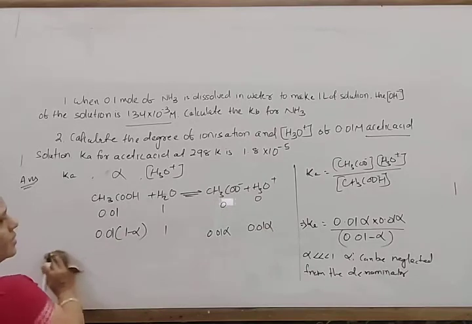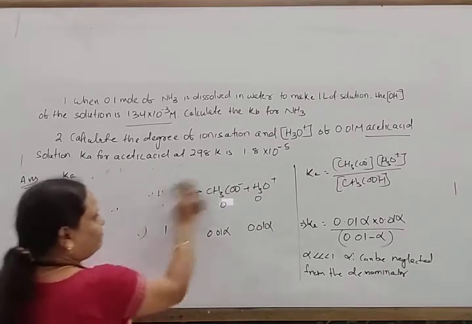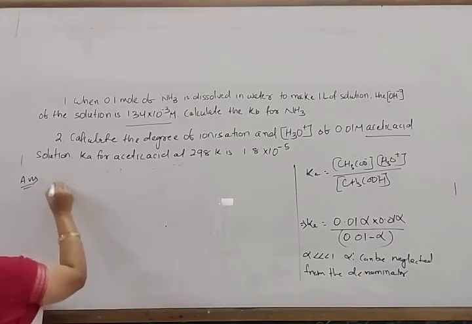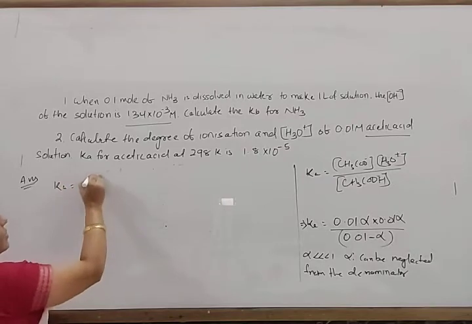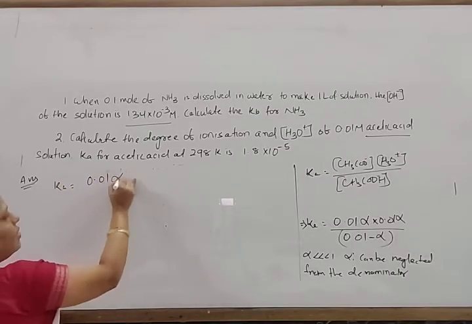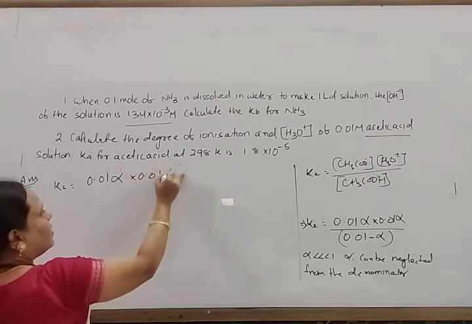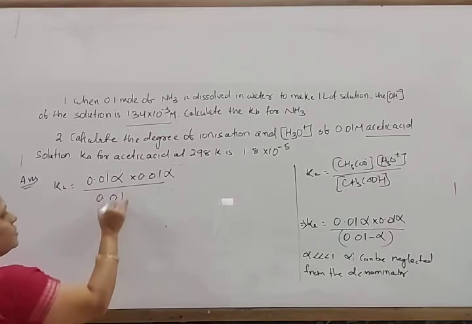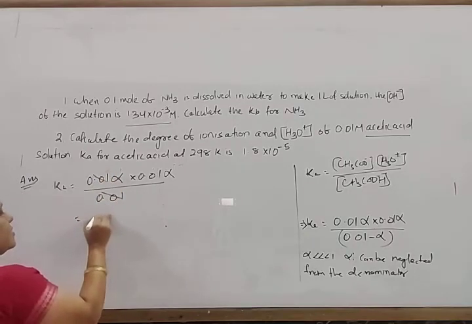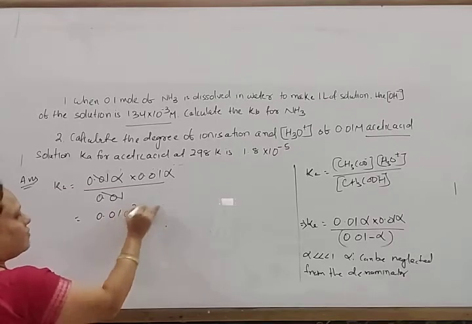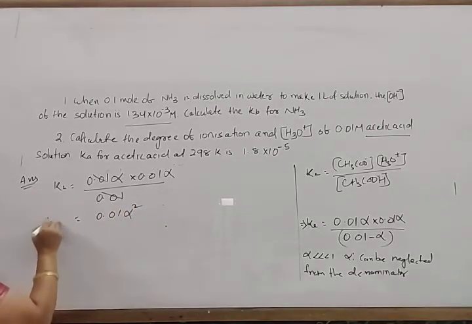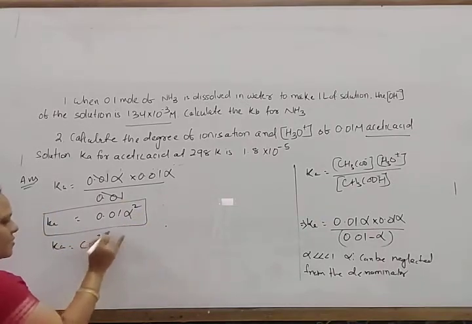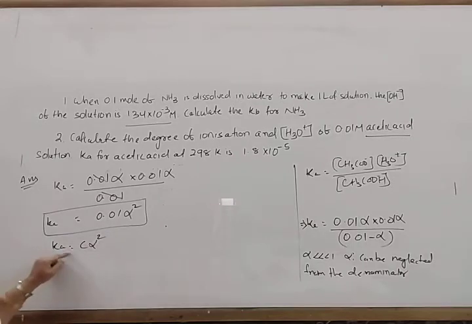So what do you get? Ka is equal to 0.01 alpha into 0.01 alpha divided by 0.01, where alpha is neglected. One 0.01 cancels, giving 0.01 alpha squared. Simply, Ka is equal to C alpha squared. So just put this formula: Ka equals C alpha squared.